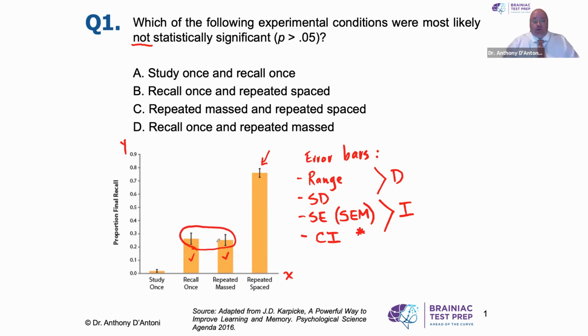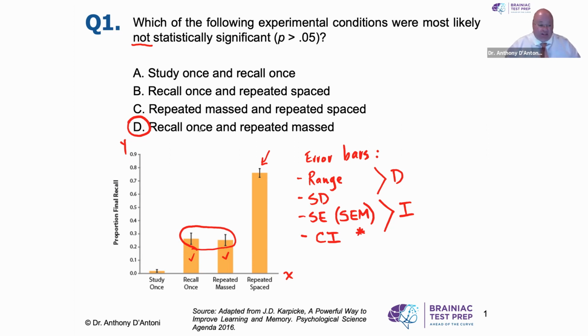And when you have a great overlap between the confidence intervals, you know that there's no statistically significant difference. So the best answer choice is clearly D, because between recall once and repeated massed, there's no statistically significant difference.